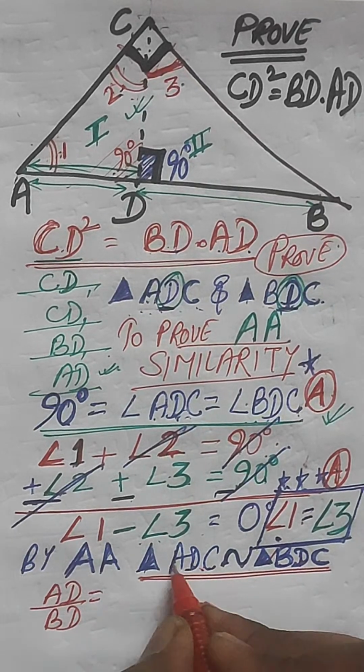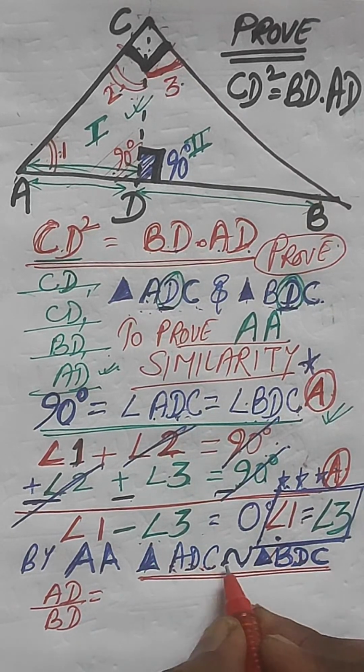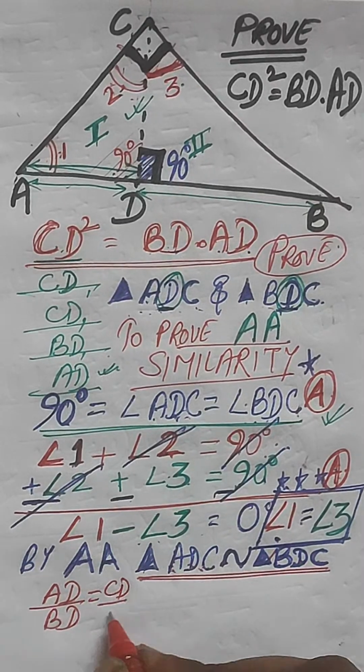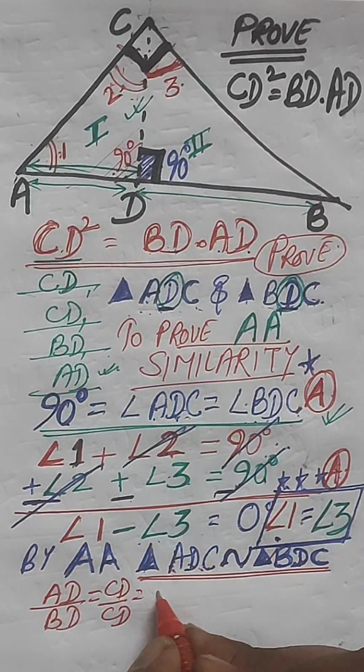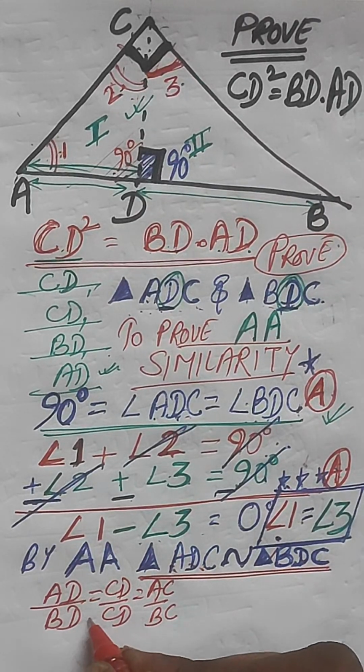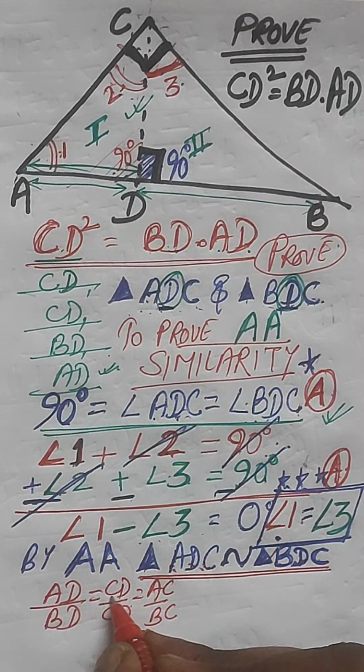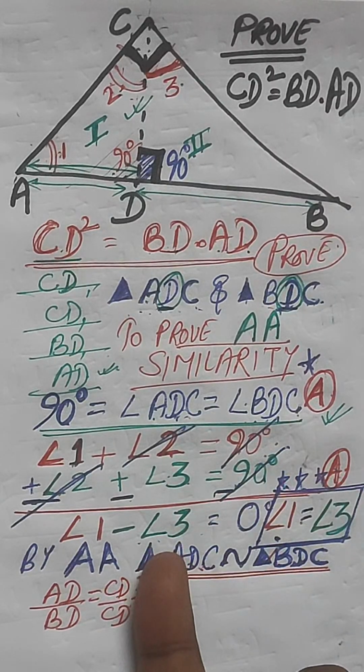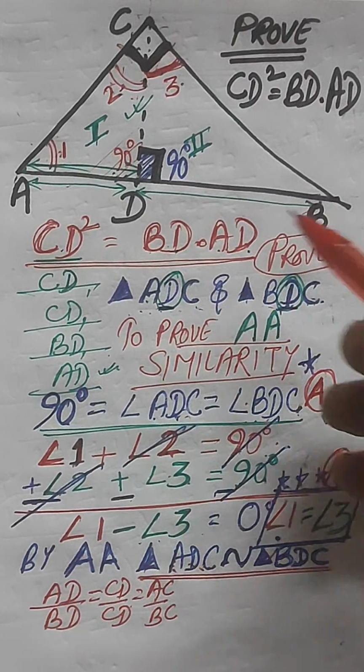Because if we are writing AD by BD is equal to CD by CD, which is equal to AC by BC, CD will be cancelled out when we are considering these two, and AD is equal to BD, but this will not prove this.